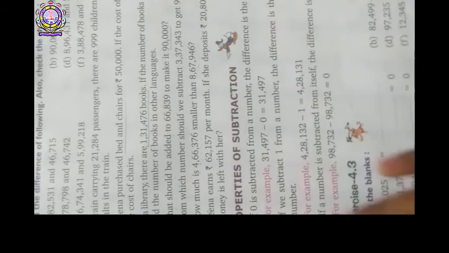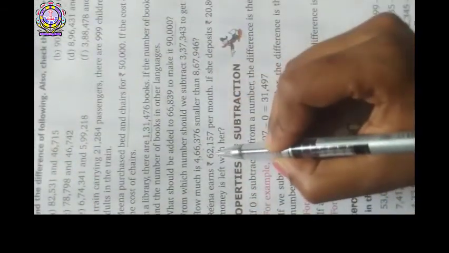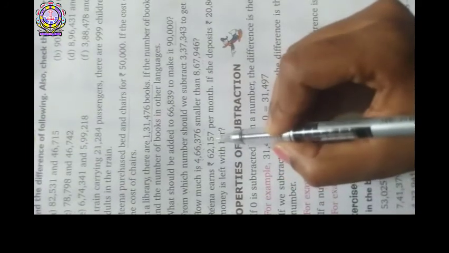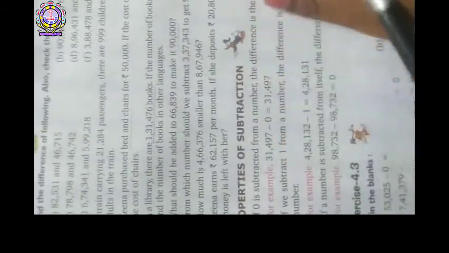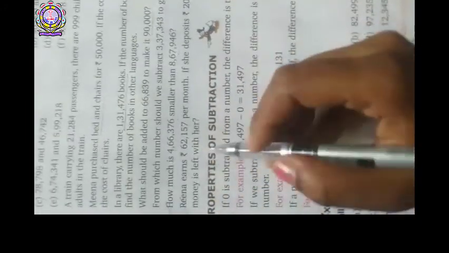Okay, question number 8. Reena earns 62,157 per month. Okay, if she deposits 20,800 in a bank, how much money is left with her?